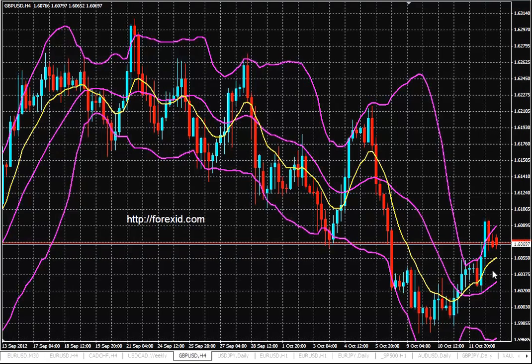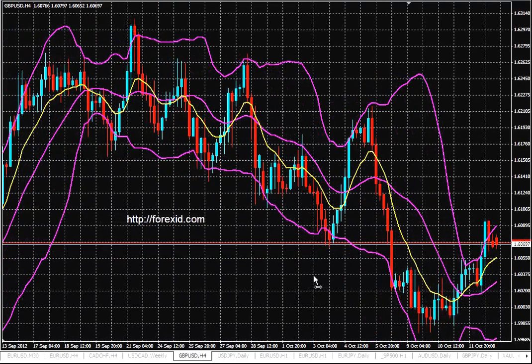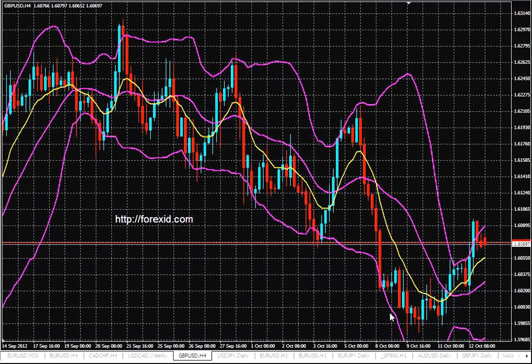Okay, so I wanted to show you, using both candlesticks and price line, the correlation of the 10 EMA with the upper Bollinger band and the median Bollinger band, the 20 SMA.